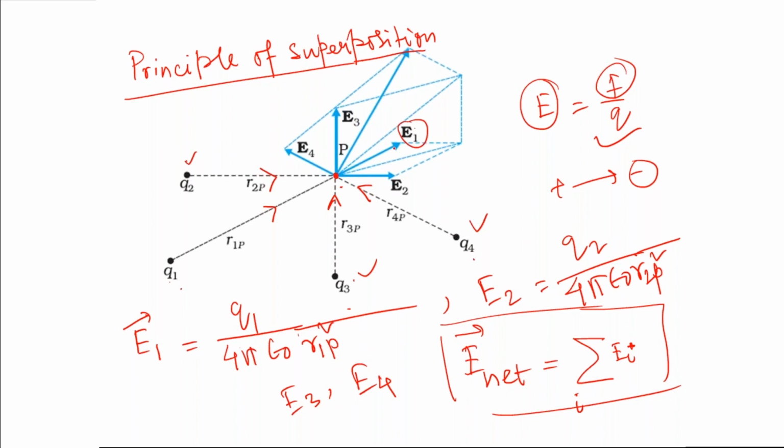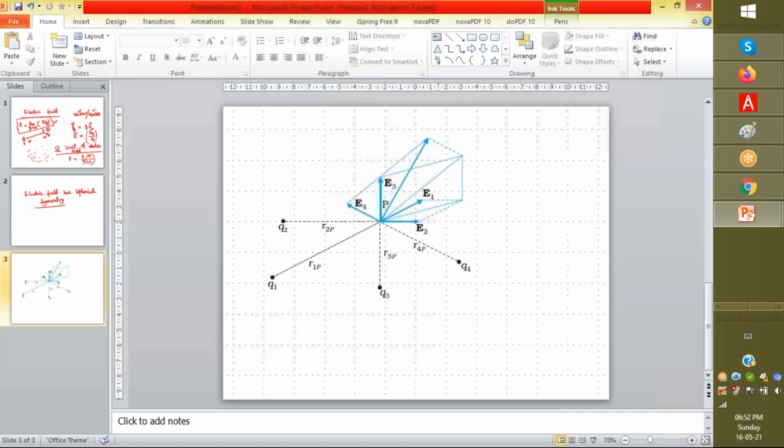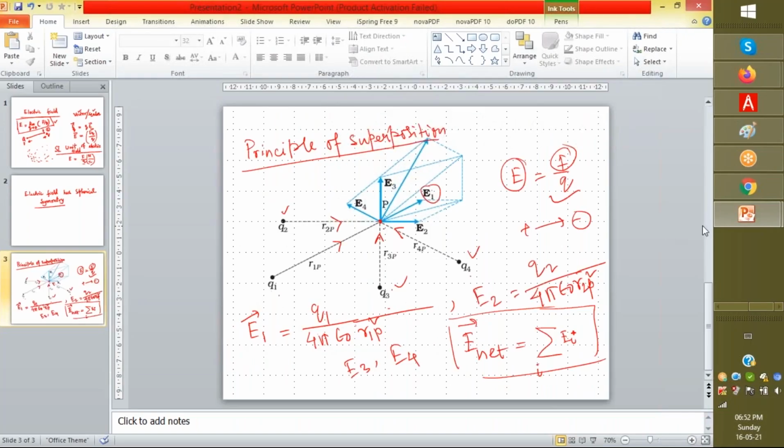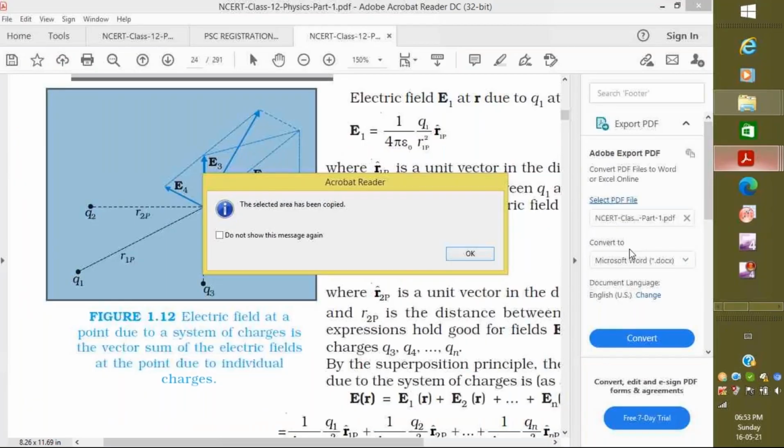Then you will get the electric field for multiple charges. We'll take a few numerical examples which are already given in your book. That will help you to understand again in a concrete way. So this is the principle of superposition.